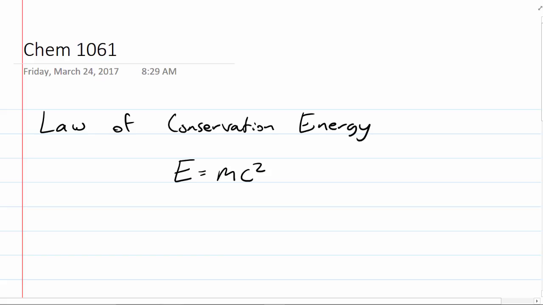And what this tells us is that mass can be converted into energy, or energy can be converted into mass. But this is of insignificance in chemical reactions, because in chemical reactions these take place out in the electrons, and so the changes in mass that might be observed would be so small we can't detect it with the instruments that we have available in here.